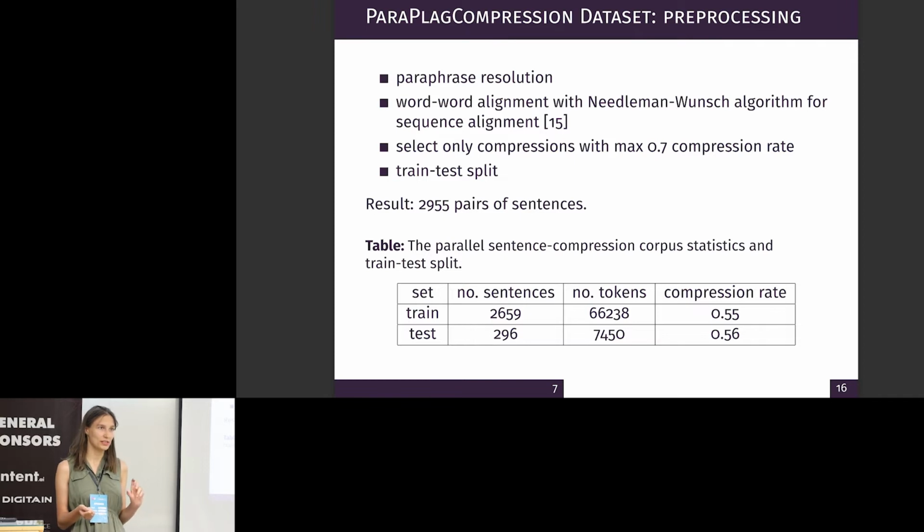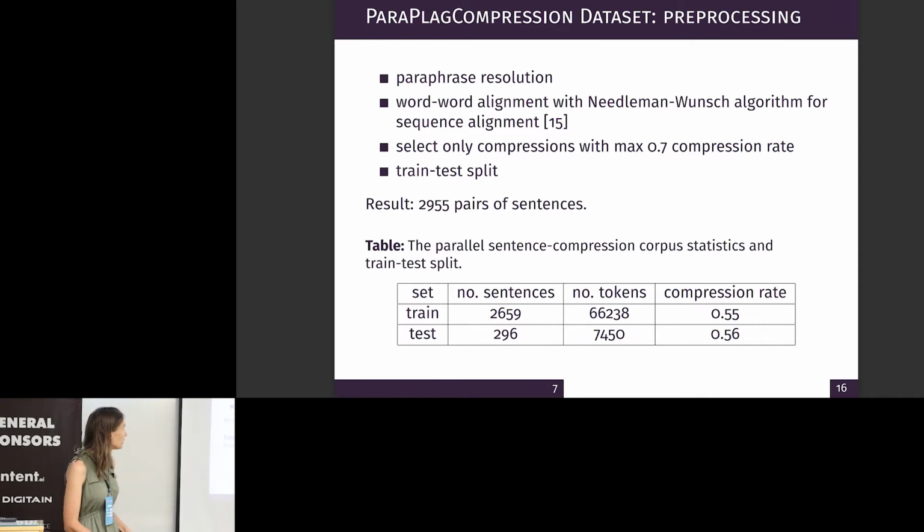So if you take a sentence pair which is plagiarism and source, it's often a sentence compression or vice versa. So I took this pair of sentences and made paraphrase resolution so that sentence compression is the only operation done there.